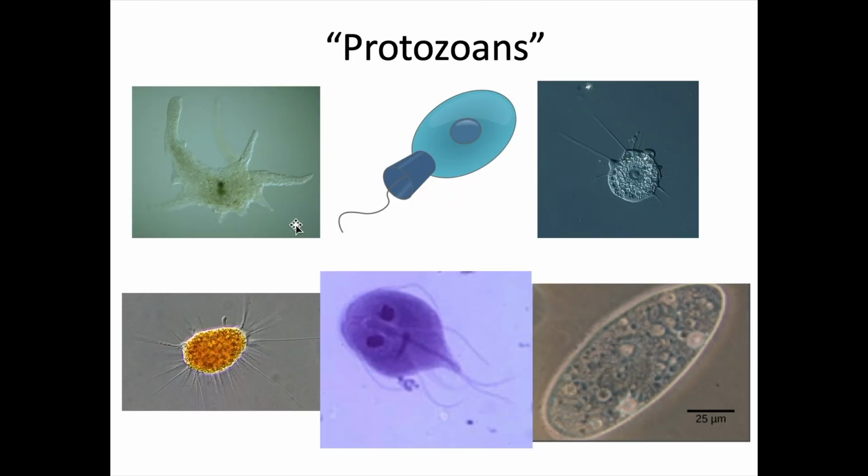They look like they all must be closely related because they have a very similar lifestyle, so that's where the name came from. But again, we're all trying to phase out the use of protozoa because it's not evolutionarily significant at all. It's not a clade, but it's something that you may run into. So I want you to at least be familiar with what it means.